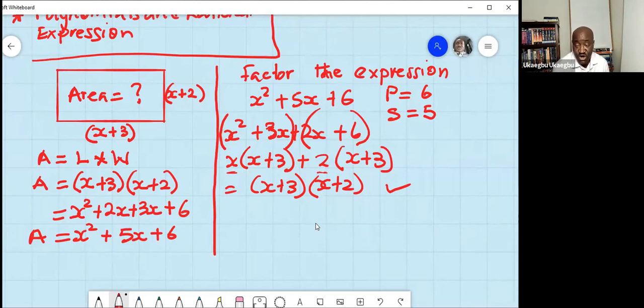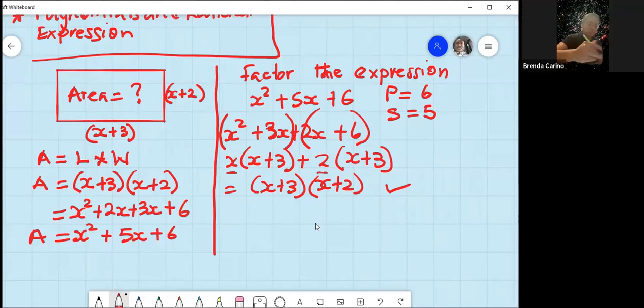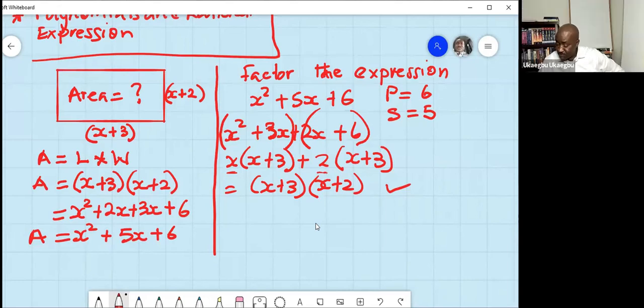Just like not all numbers, when you divide them, will give you an even number. Some numbers, when you divide them, give you a whole number and a remainder. For example, 7 divided by 2 is 3 remainder 1, right? Okay, so now the type of expression we had is actually a quadratic equation.